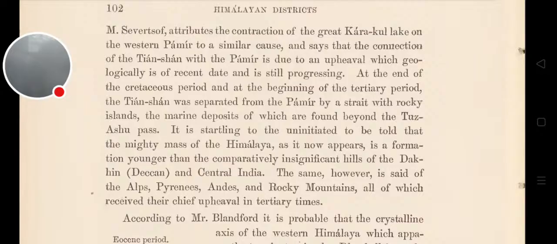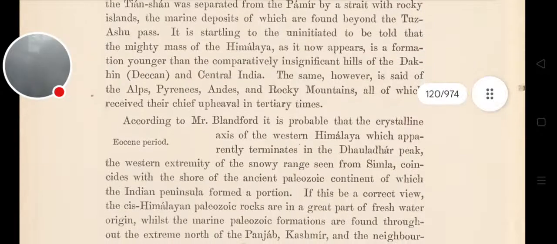It is startling to the uninitiated to be told that the mighty mass of the Himalaya, as it now appears, is a formation younger than the comparatively insignificant hills of the Deccan and central India. The same, however, is said of the Alps, Pyrenees, Andes, and Rocky Mountains, all of which received their chief upheaval in Tertiary times, the Eocene period.